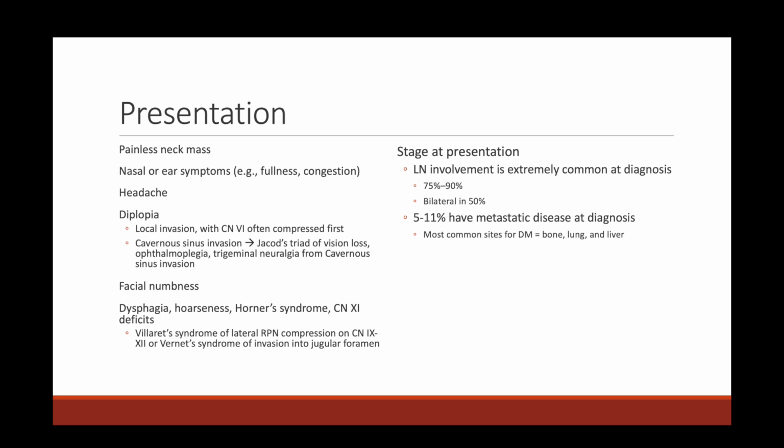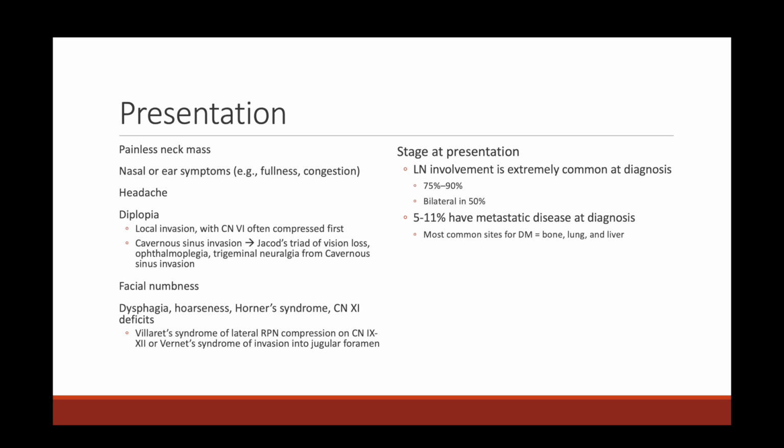So neurological symptoms are typically more common with nasopharyngeal cancer patients just because of the proximity to the base of skull and the brainstem. So it's always important to do a thorough neurological exam in these patients. Other symptoms can be facial numbness, and there can be dysphagia, hoarseness, Horner syndrome, cranial nerve 9 deficits.